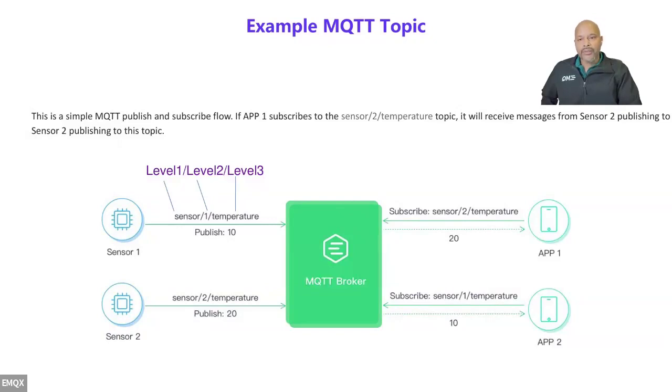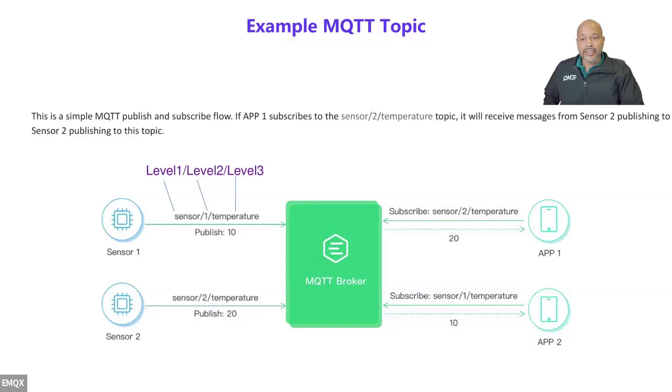And that's what we call levels in a topic. So topics have different levels. Level 1 would be sensor, which would be the base level. Then level 2 would be the description of 1. And level 3 would be the temperature.